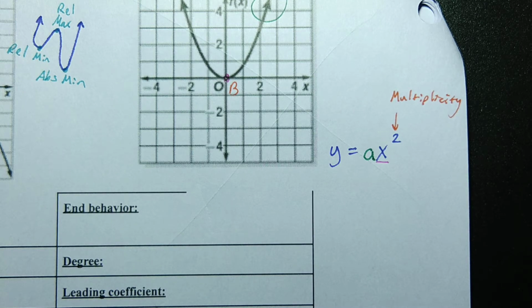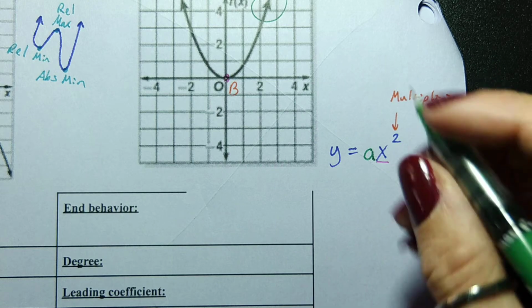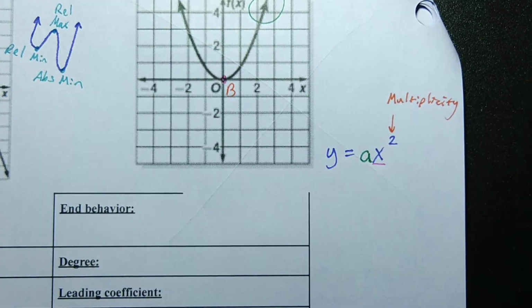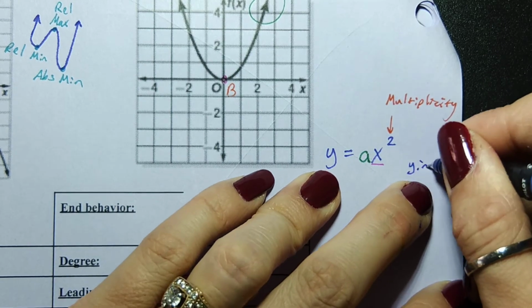So if we wanted to solve for the a value, what are we going to be plugging in for that y-intercept? We can plug in 0, 0. 0, 0 is our y-intercept.